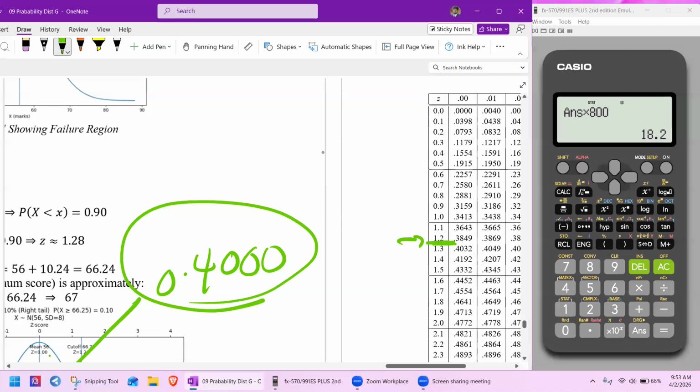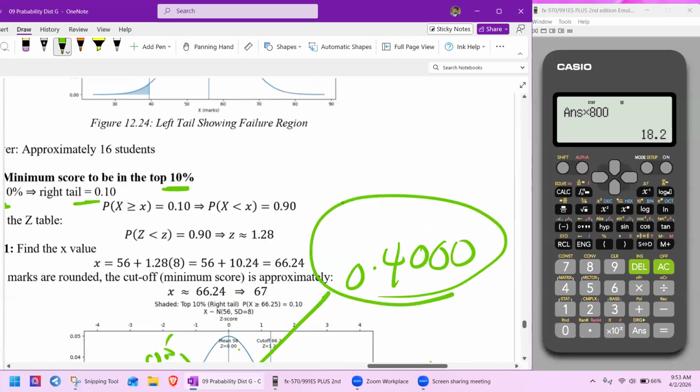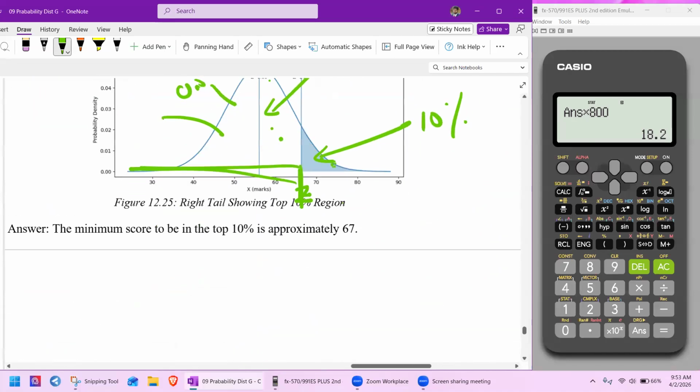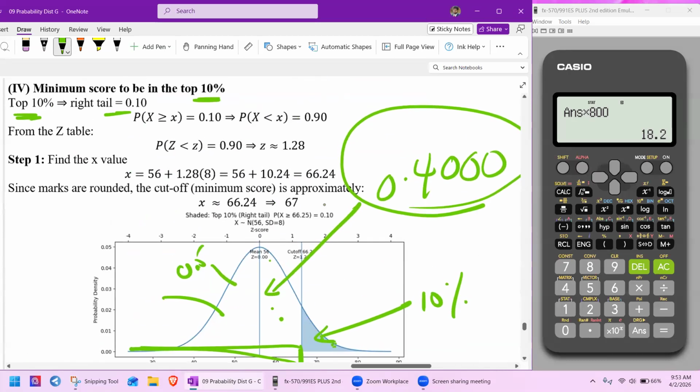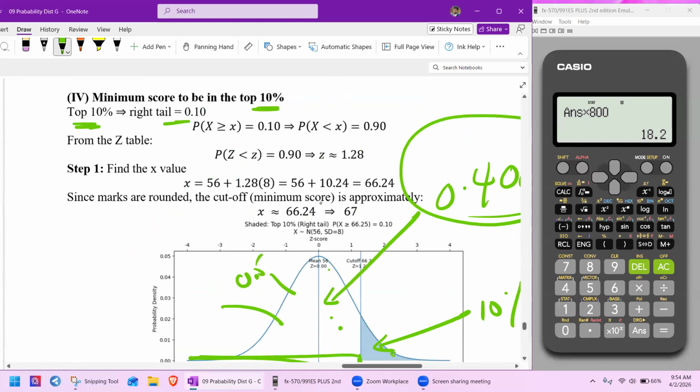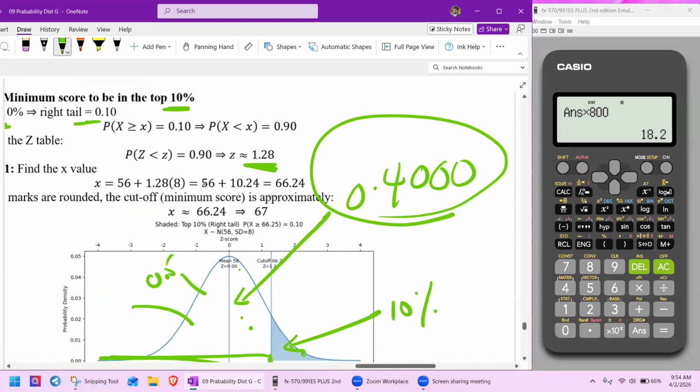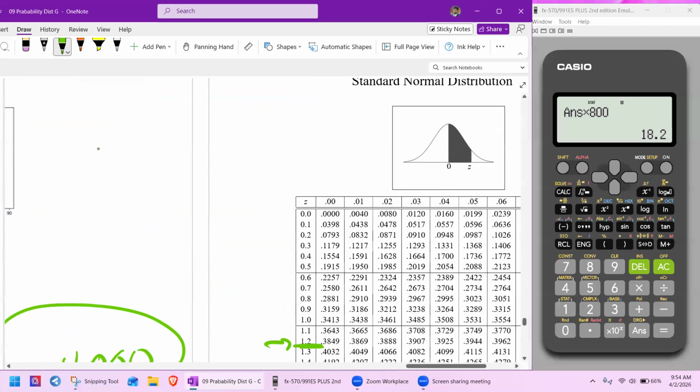Here we found the z value. So this is 1.28, right? 1.28.